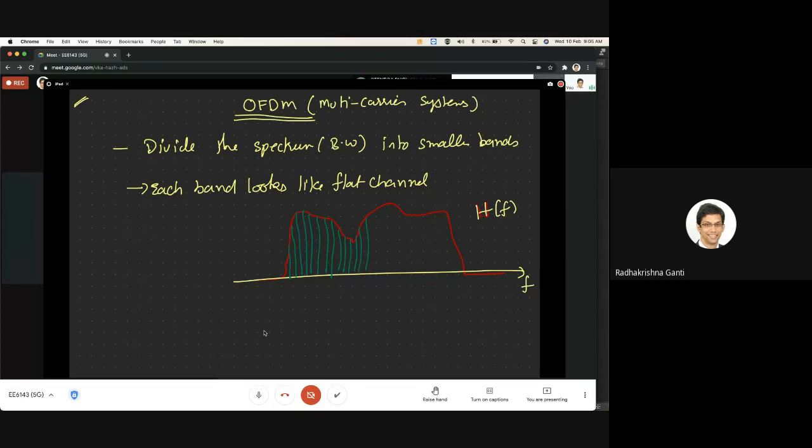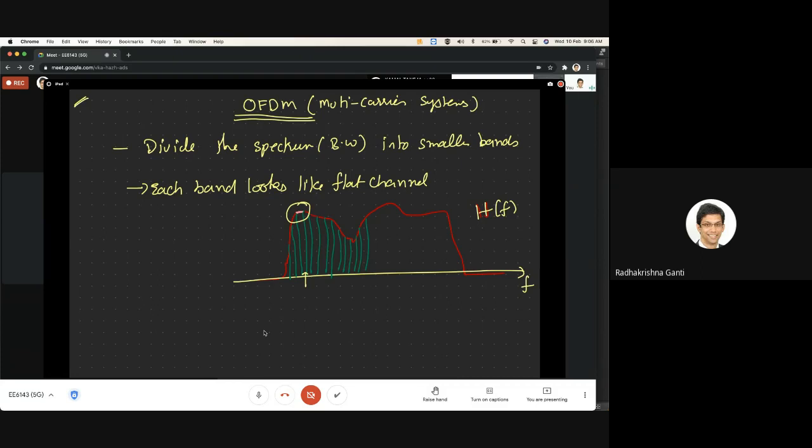Then if you look at one of these chunks, one of these parts, it looks approximately flat. And this approximation becomes better and better as the size of the bin decreases.